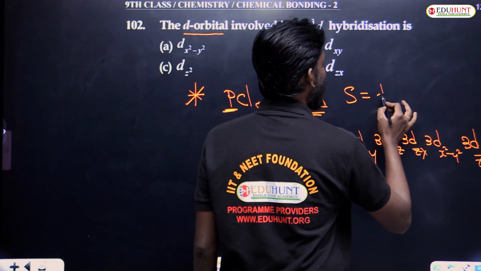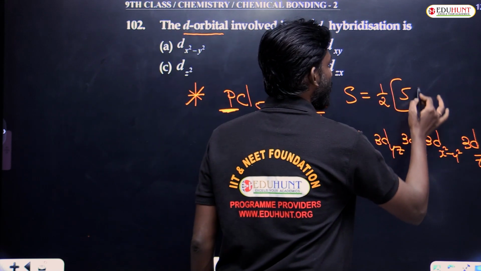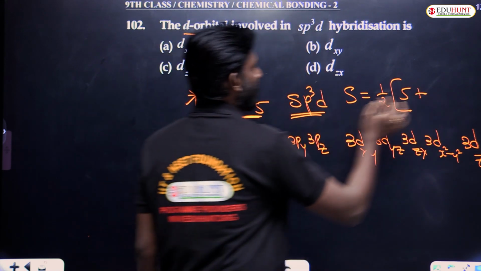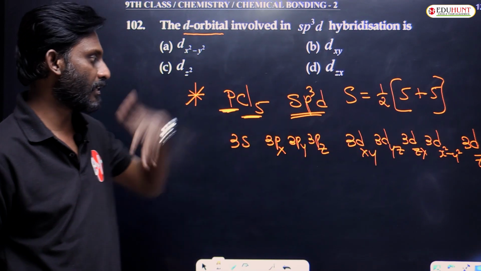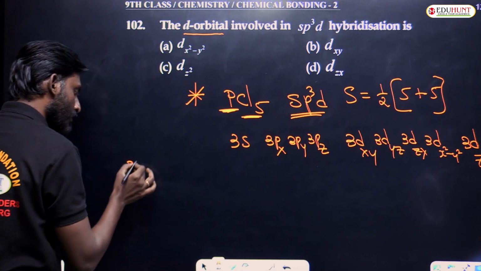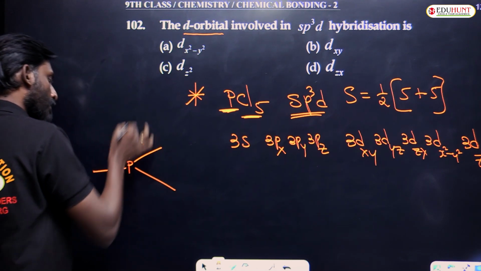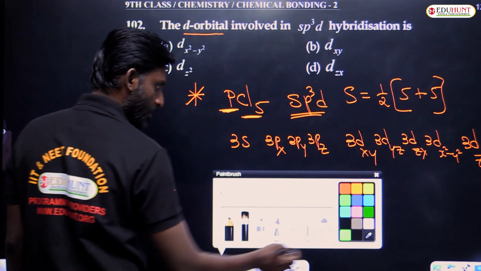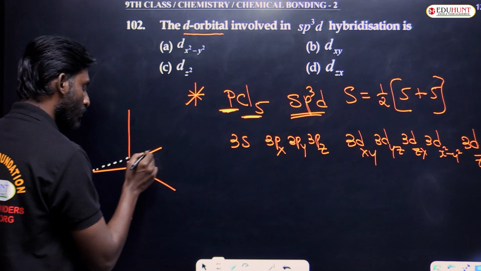S is equal to 1/2 times of valence electrons in phosphorus, which is 5, plus monovalent atoms, which is 5. 5 plus 5, 10/2, 5. 5 means sp3d. That's okay. So sp3d hybridization suggests that the geometry is going to be trigonal bipyramidal. So the central portion, this is the trigonal portion.